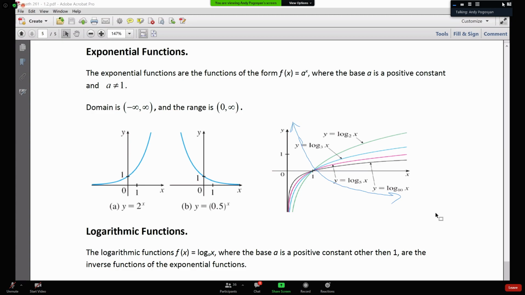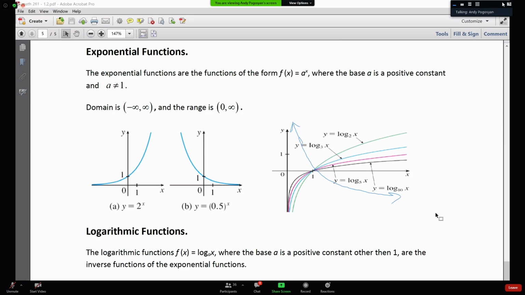This one has a vertical asymptote. In this case, it's x equals 0, so the y-axis for all of them. So whatever makes the expression under the logarithm 0 will be your vertical asymptote.